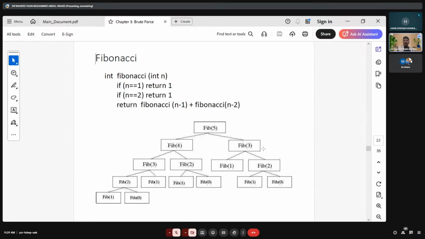All of this is repeated. How many times? 1, 2, 3 times I calculate fib 2. So this is wasting the CPU and the resources.